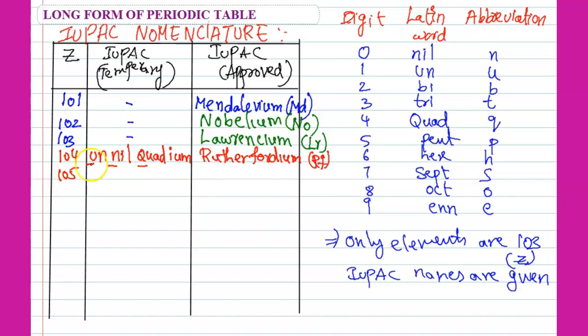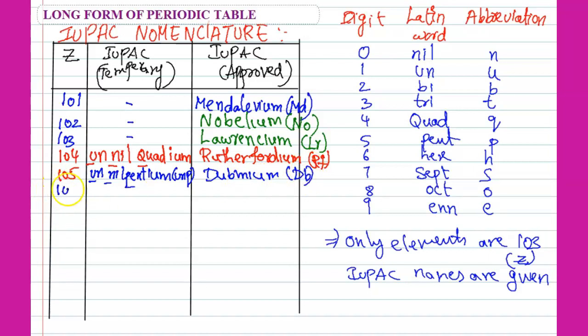Next, 105. 105 means un, nil, pent, ium compulsory. So Unp, and its name is Dubnium, Db.